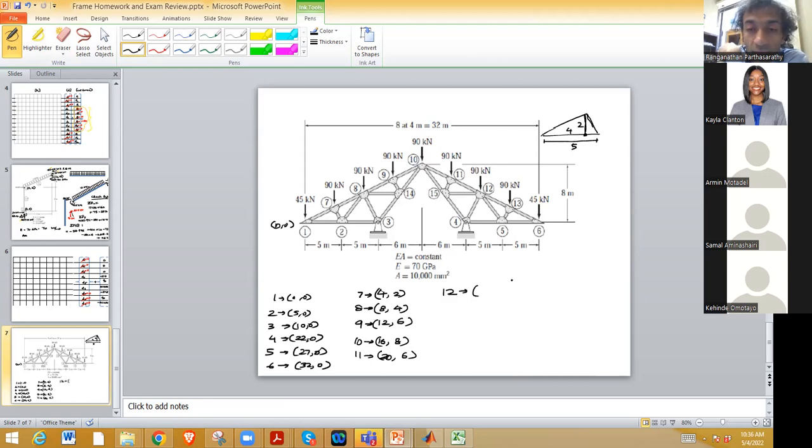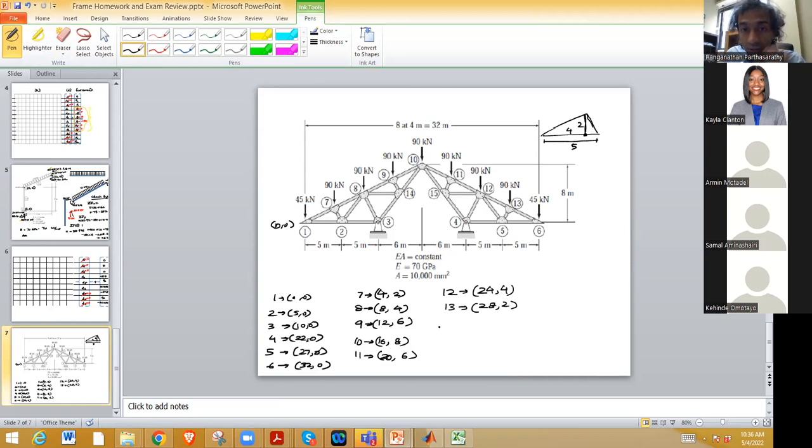Number 12, 24, and the height is 4. Number 13, 28, and the height is 2. And number 6 we already did.